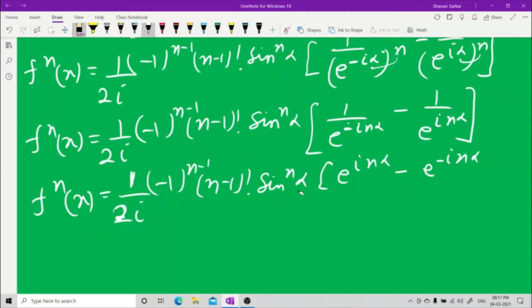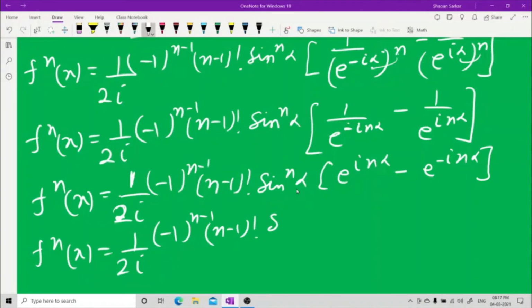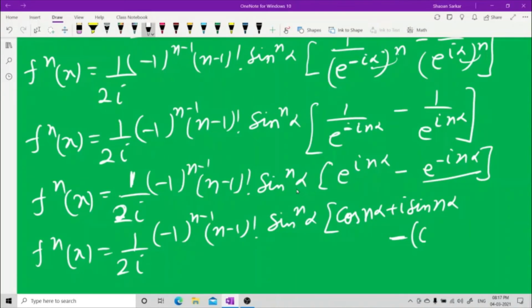Again by Euler's form, f^n(x) would be 1 by 2i, (-1)^(n-1) (n-1)! sin^n alpha. Then open up by Euler's theorem: cos n alpha plus i sin n alpha minus, open with Euler's theorem, cos(-n alpha) plus i sin(-n alpha). Wait a minute, let me write it a little back.